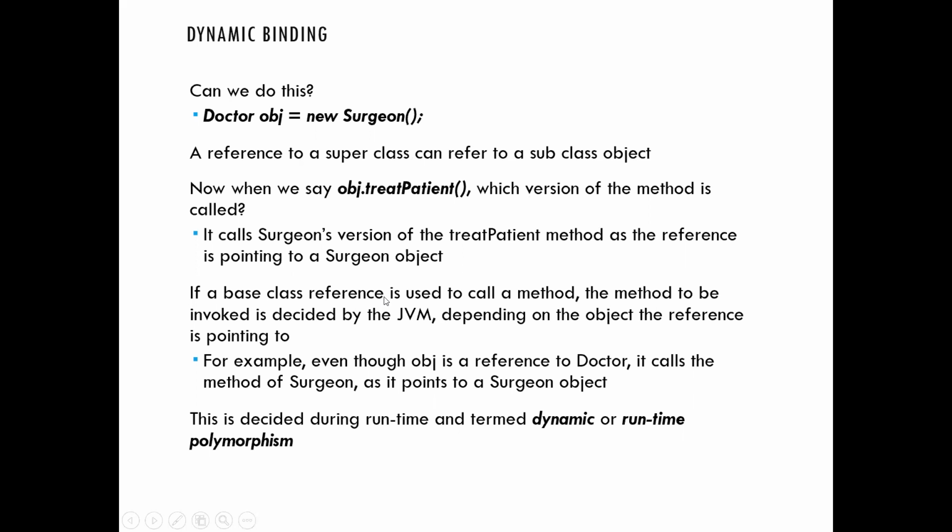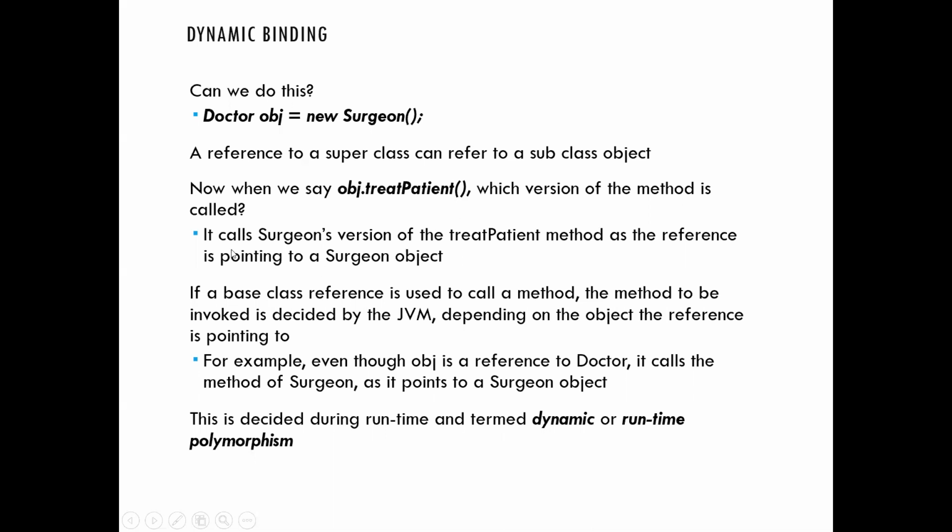Now, dynamic binding. This is something which, if you understand how to do this, will be very good. For example, can we do this: a doctor object, but I'm creating a new surgeon. Surgeon is the child class of doctor, but I'm creating a doctor object equal to new surgeon. This is something called a reference to a superclass can refer to a subclass object, but it cannot be true the other way.